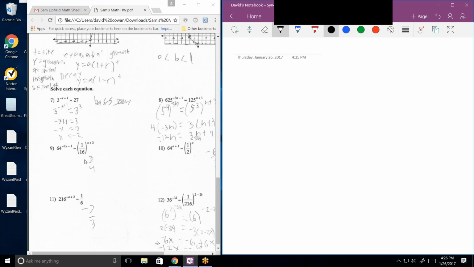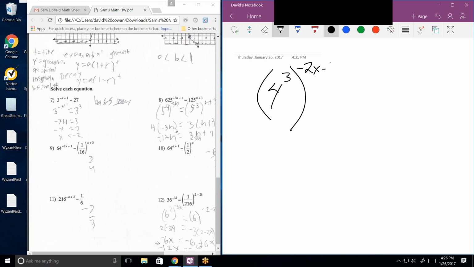How about 4? I can write 64 in terms of 4, and I can write 1/16 in terms of 4. What's 64 in terms of 4? To the 3rd. Yeah. And so the left-hand side of the equation becomes this.